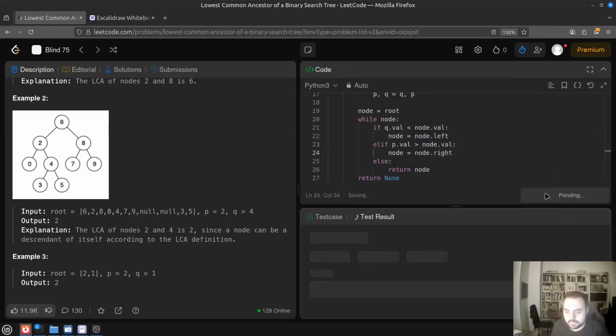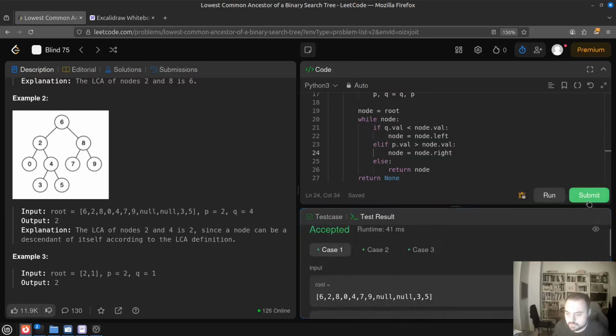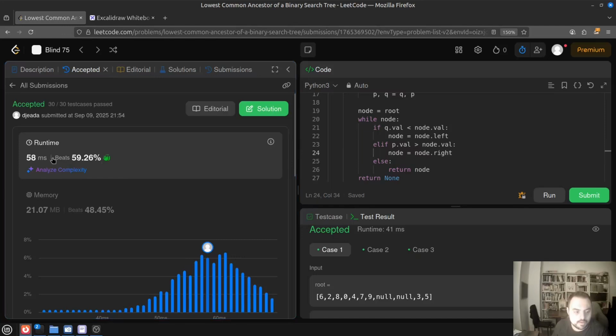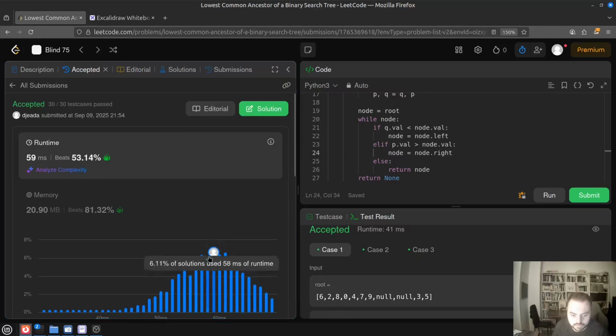Let's run. So the first 3 cases pass. Now let's submit. And we beat around 60%. But if we try resubmitting, then we are still around this result. But I think that code can go up to something like 70 or 80.